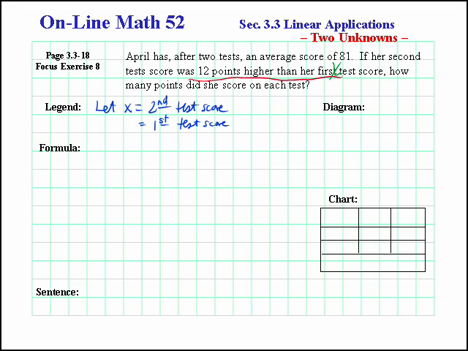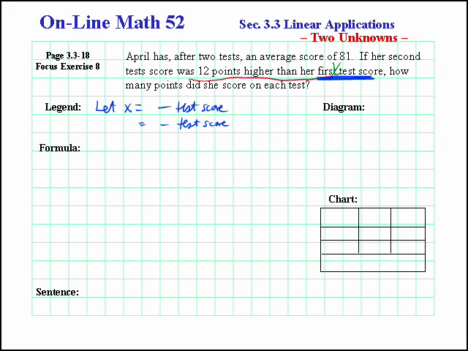Second, oh gosh, you know what? I messed up. Did you notice that? I messed up. Let me correct this as best I can. I'm going to change these out. Change those out. Well, I said it, but I didn't follow it very well, did I? X right here is the first test score.